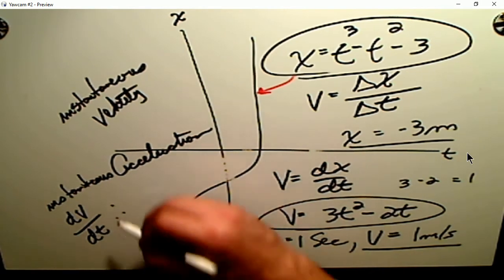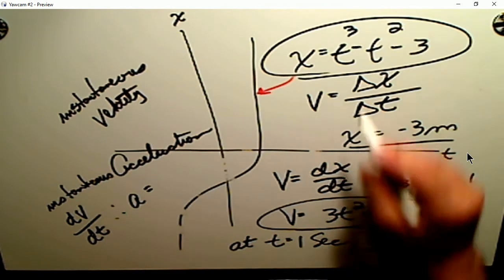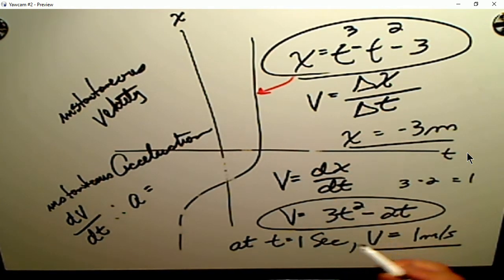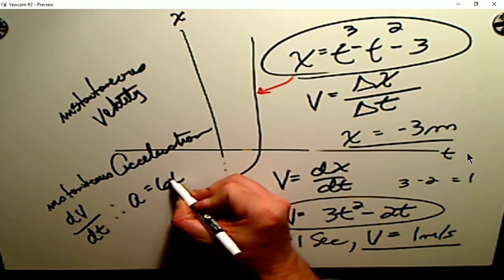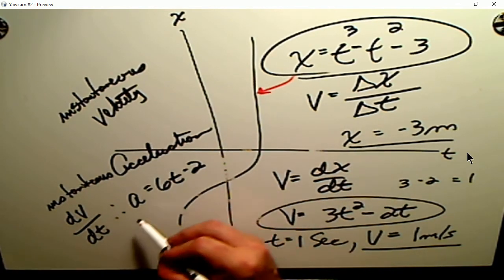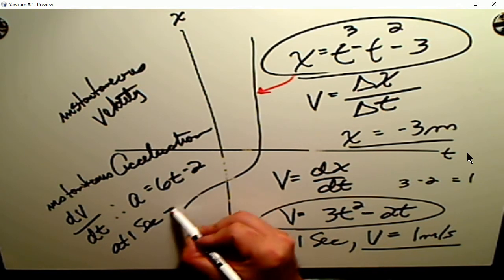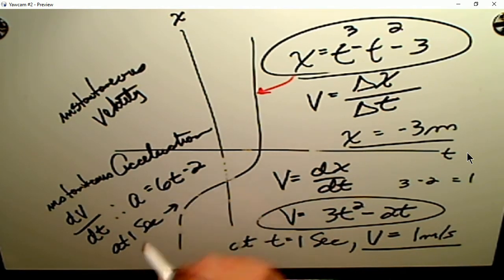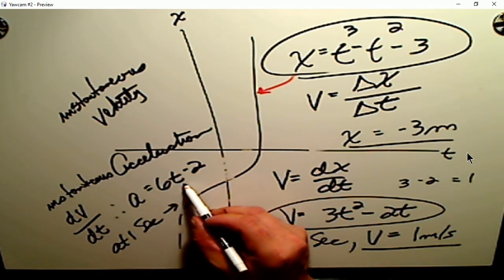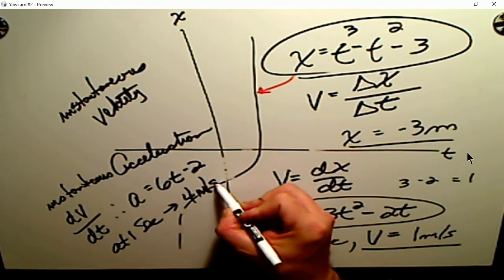Therefore, acceleration at a given time for this particular equation, this is the first derivative. I would take another derivative of this. It's 6t minus 2. So at 1 second, what do we have in terms of acceleration? 6 minus 2, 4 meters per second squared.